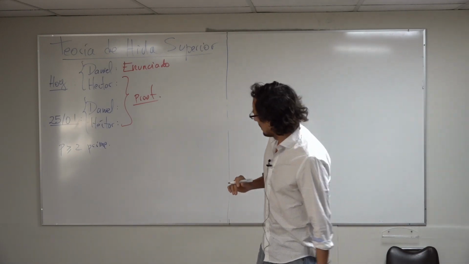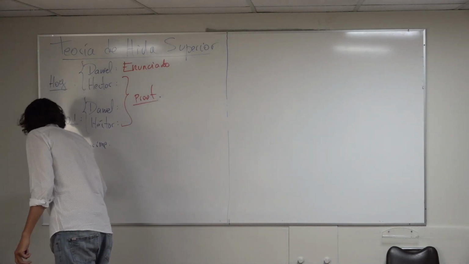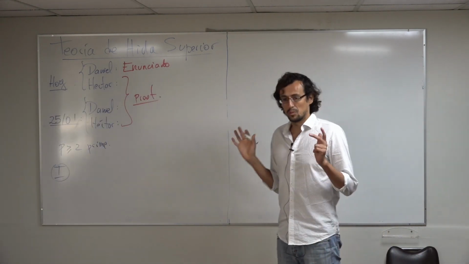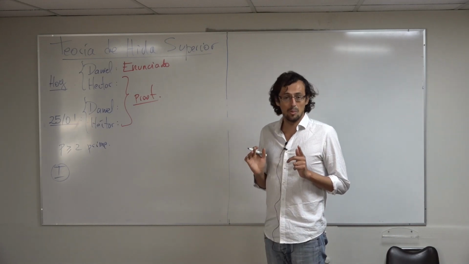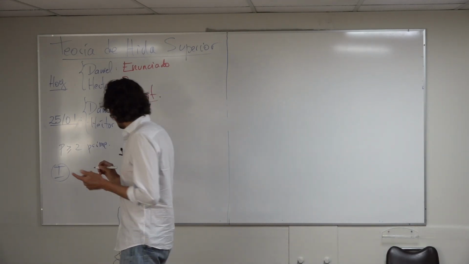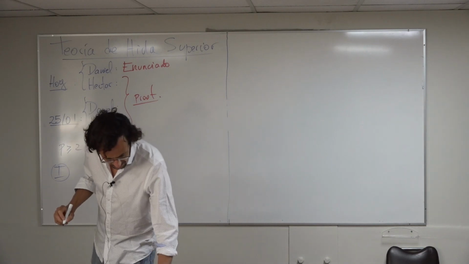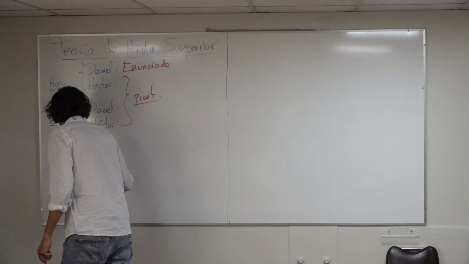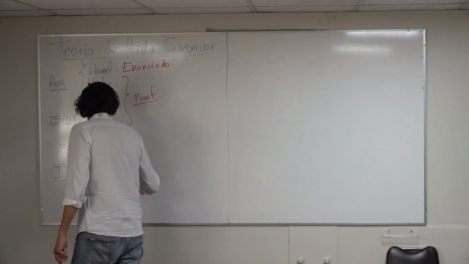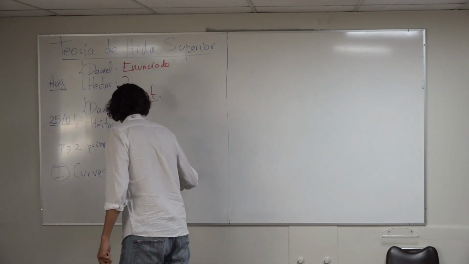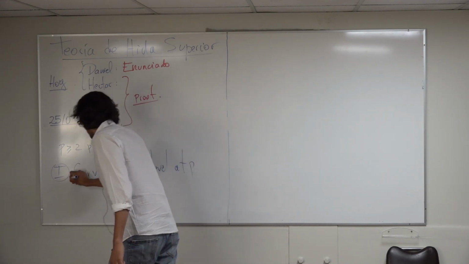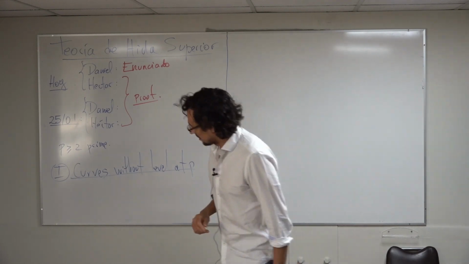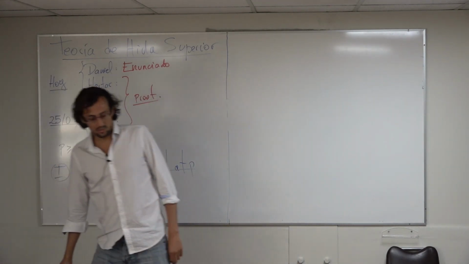Let's start with the geometrical objects that we're interested in, which were already introduced by Javier: curves without level at p. This is the main object that we are interested in, and let me introduce it.